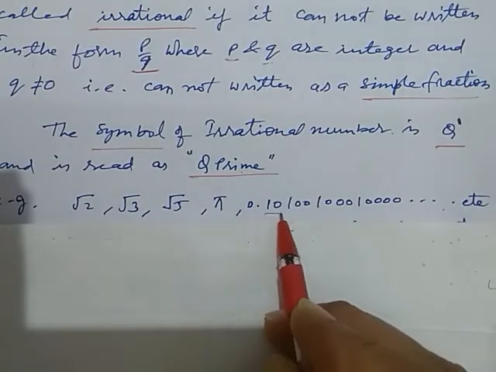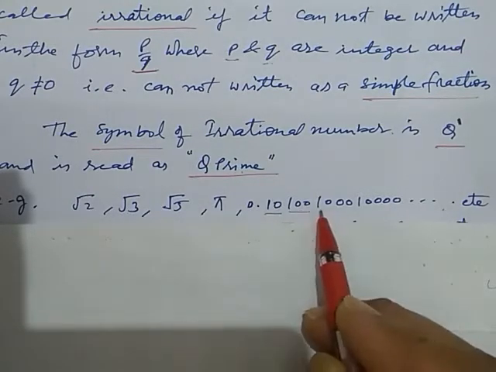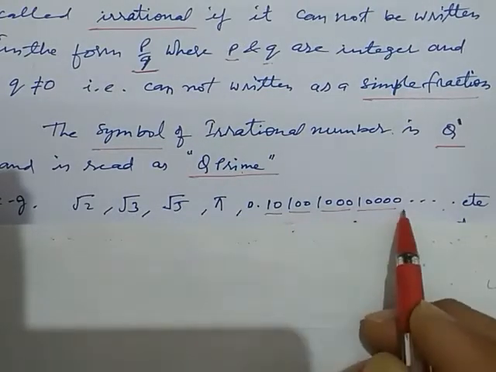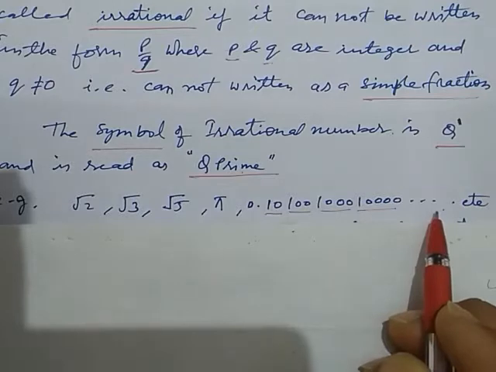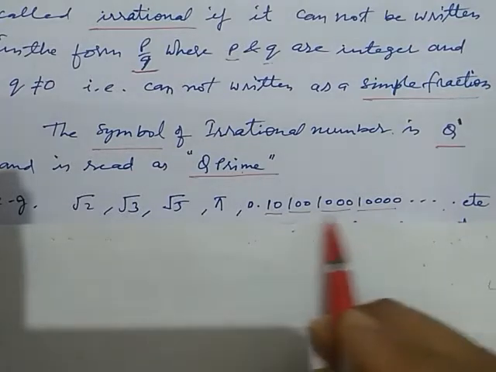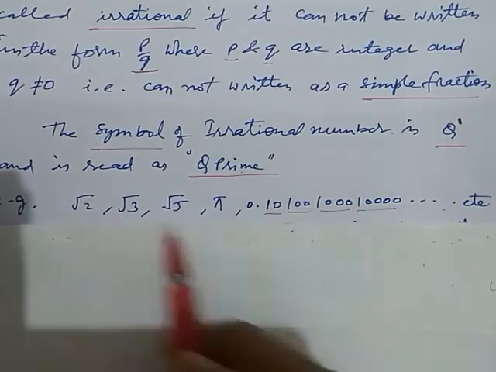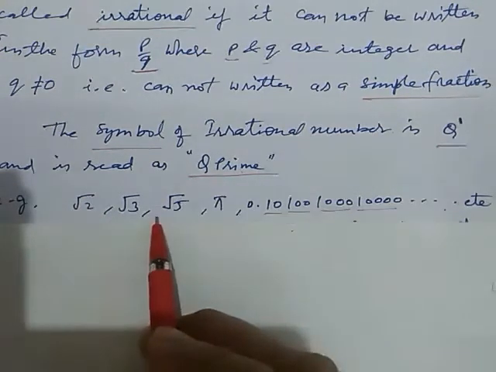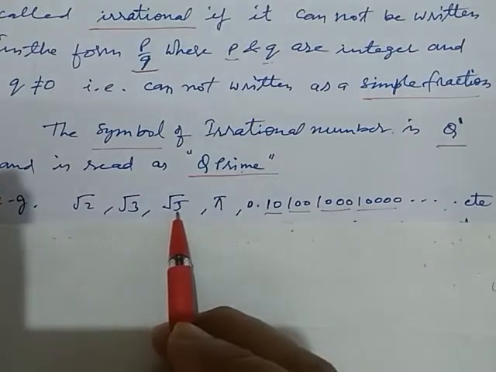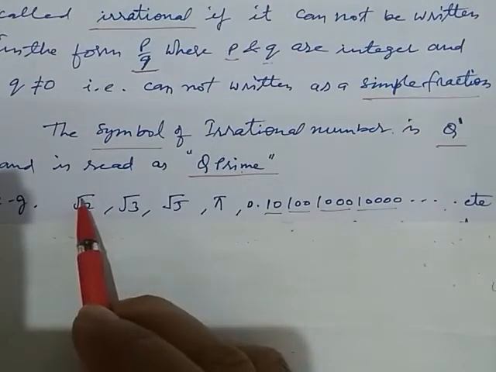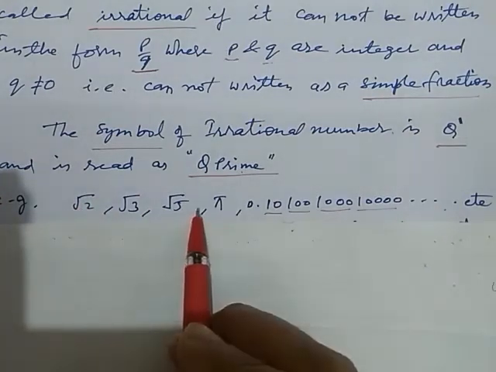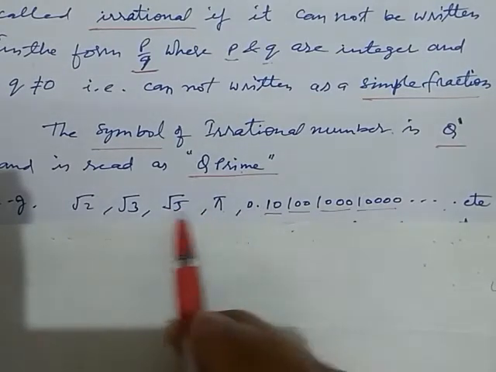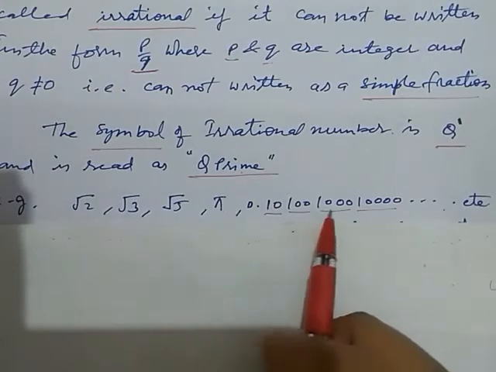Although they are non-terminating, the digits change. And square roots of numbers, but only those which are prime, square root of prime numbers, or pi and like that. These are irrational numbers.